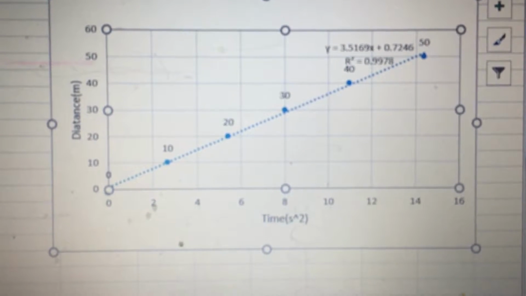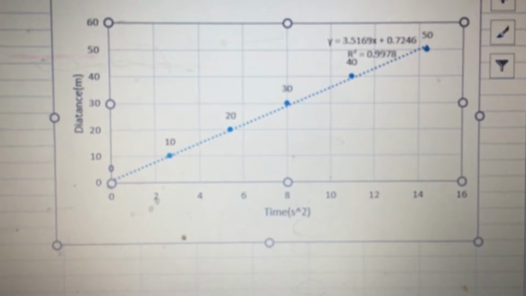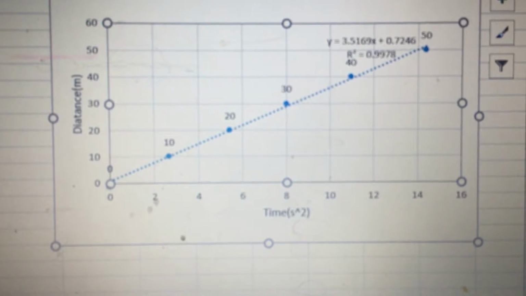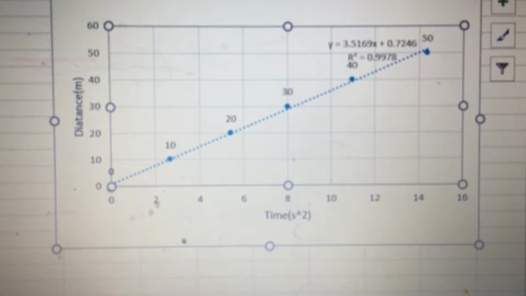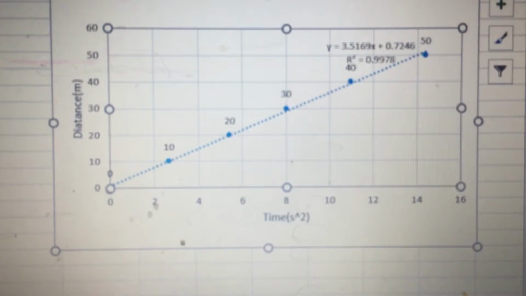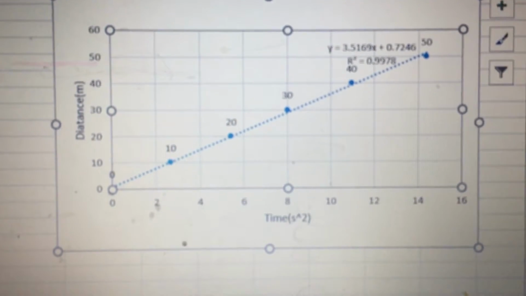The x-axis represents the time squared, and the y-axis represents the distance.